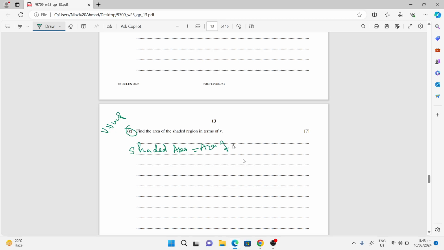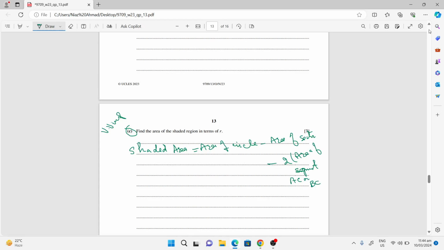So you can say area of circle. If I calculate the area of the circle and then subtract the area of the sector, and then the area of the segment, 2 times the area of the segment, that is AC or BC.